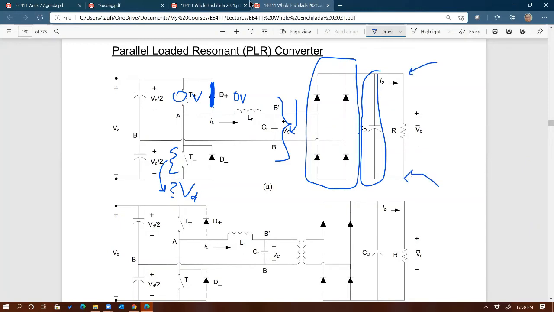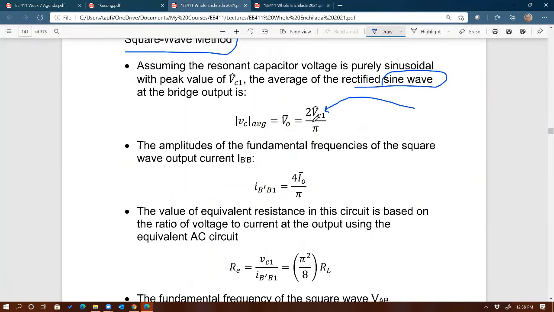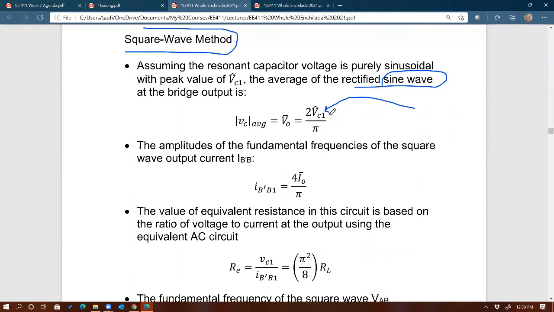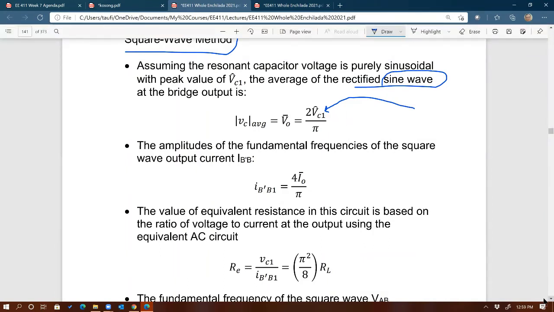So basically you are rectifying a sine wave. And as you learned from EE411, the average voltage across a rectified sine wave is equal to 2 times the peak value of the sine wave divided by pi. So that's 2 times V peak divided by pi. Again, we only consider the fundamental component, or component number 1 of the Fourier series in the square wave.